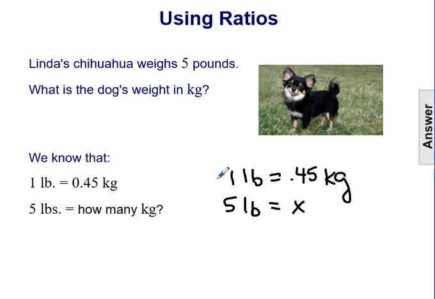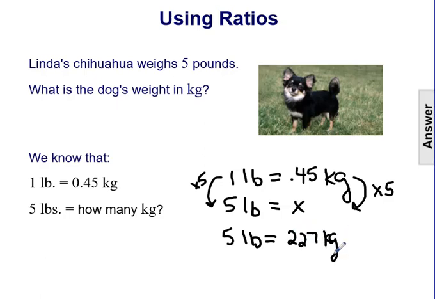Going from 1 pound to 5 pounds is multiplying by a factor of 5, so we need that same factor on the right. We multiply 0.45 by 5, which gives us 2.27 kilograms. So if the dog's weight is 5 pounds in the United States, if they went to England, they would say it's 2.27 kilograms.